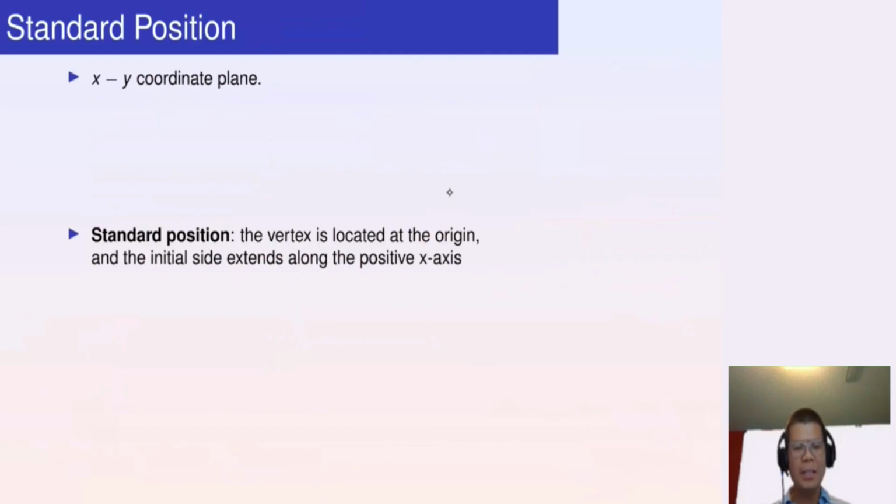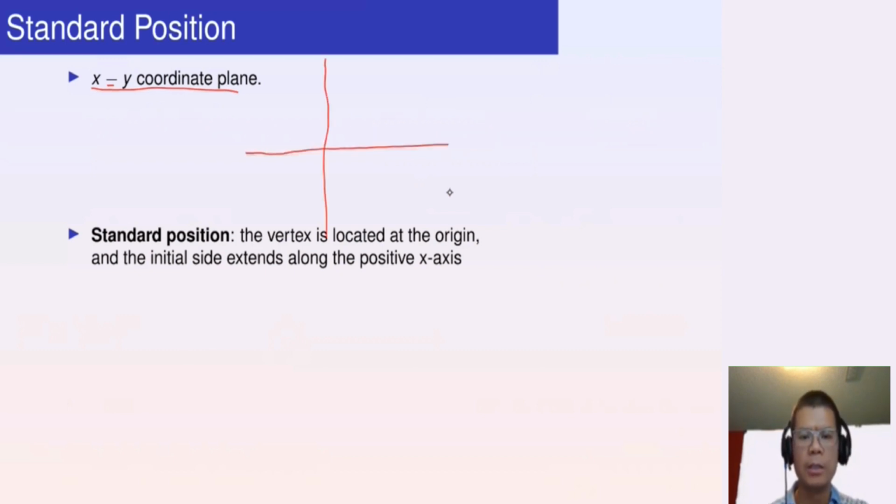Now, we are going to talk about the so-called standard position. This is the XY coordinate plane. I'm going to draw it here. You have the x-axis and a vertical axis named y, and they are straight.